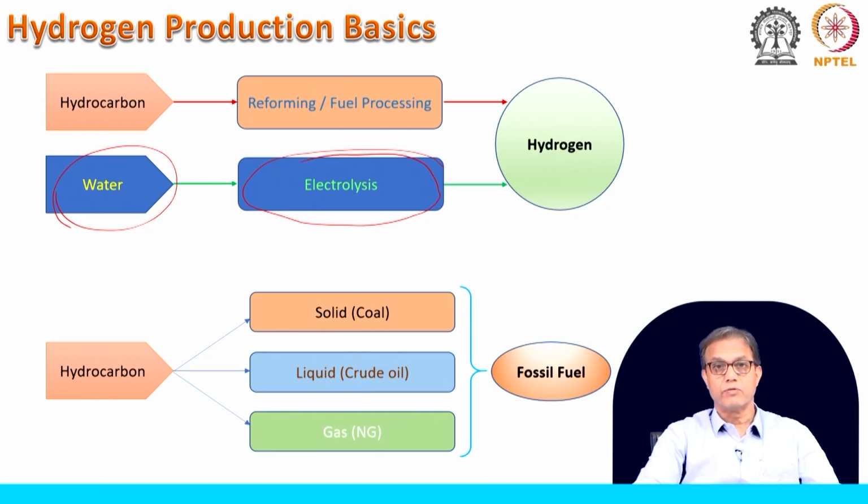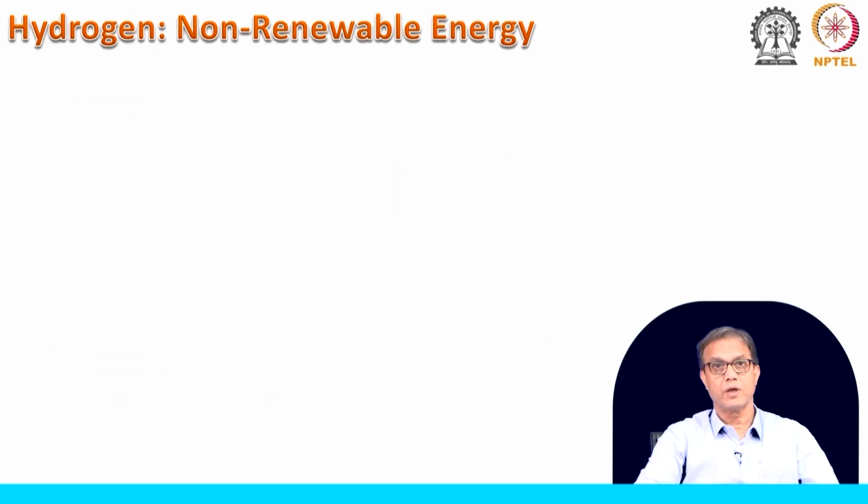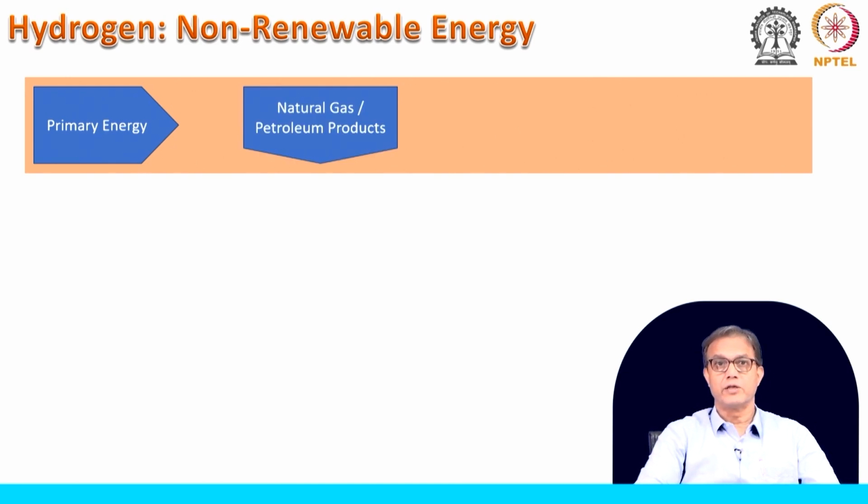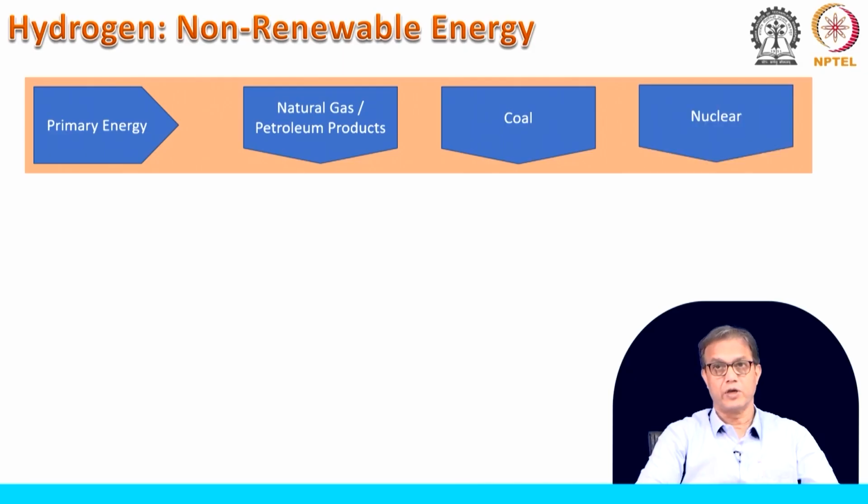Now, these are some of the primary sources of energy. Let us look into it from a different aspect: the generation of hydrogen using non-renewable energy resources. These are the primary energy resources, as I told you: natural gas or petroleum products, then coal, and then there is a third form of energy which we have not talked about so far, that is nuclear energy.